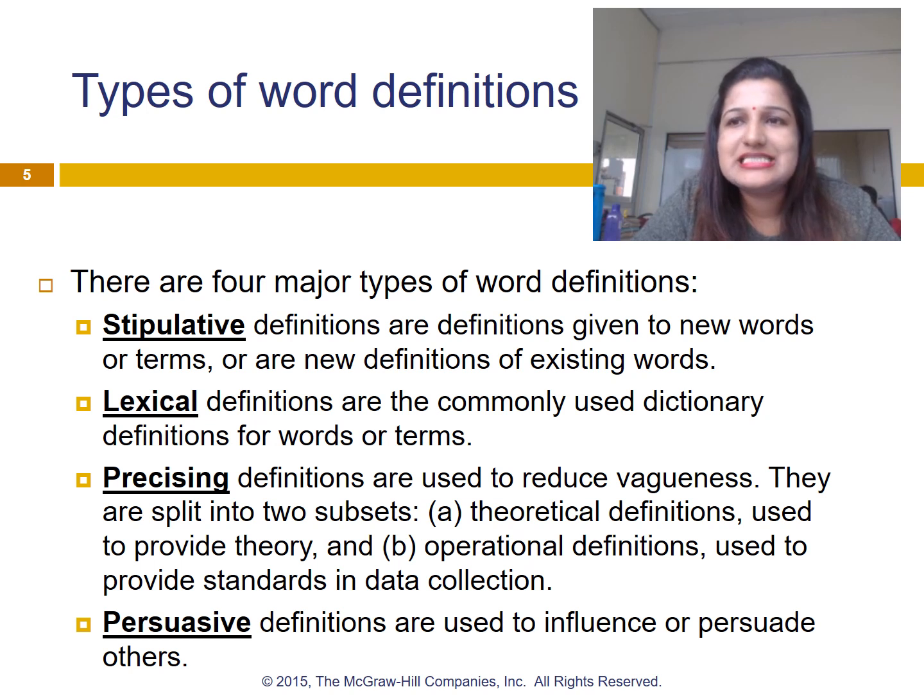Now, let's take a look at the second type of precising definition, which is the operational definition. Operational definitions are quite interesting, maybe used more in statistics or mathematics, where it provides standards in data collection. So you have to use some sort of data in order to get this sort of definition.